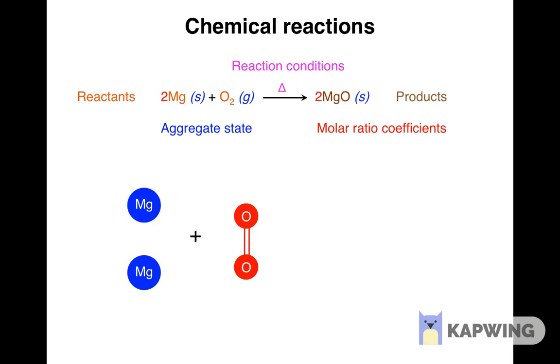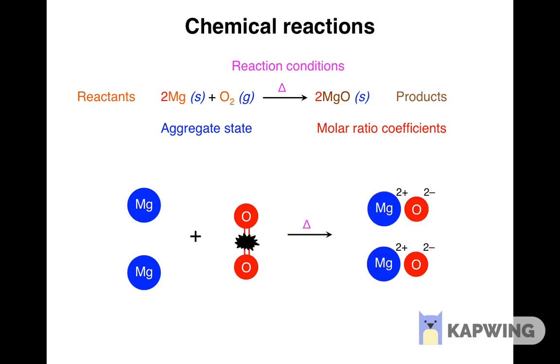If the coefficient before a reactant or product is 1, it is omitted. Then we can use the 2 magnesium atoms and the 2 oxygen atoms that make up the diatomic oxygen molecule to make 2 smallest units of the magnesium oxide that consist of 1 magnesium atom and 1 oxygen atom each. No magnesium or oxygen atoms will remain unused.